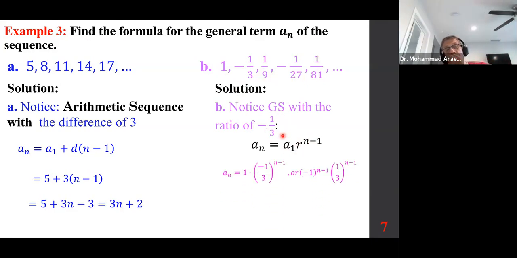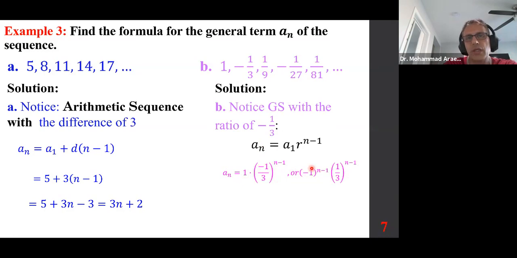Now, what I want to explain here is that anytime you have a negative sign, that means you really have an alternating sequence. It changes from positive to negative or negative to positive. It doesn't matter. The negative one is involved, and we like to separate the negative one. Notice negative 1 to the power of n minus 1, and this is 1/3, and this 1 has no bearing, so this is it.